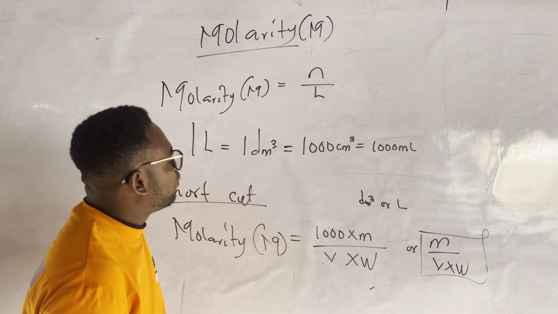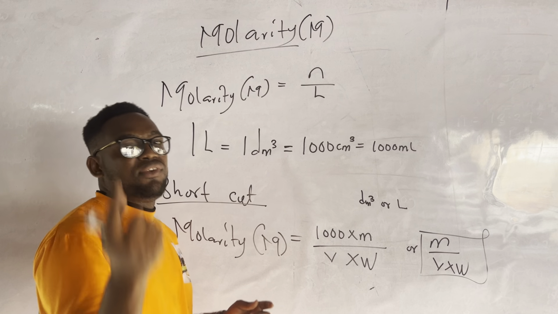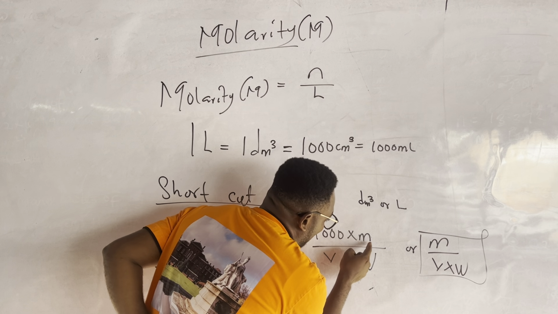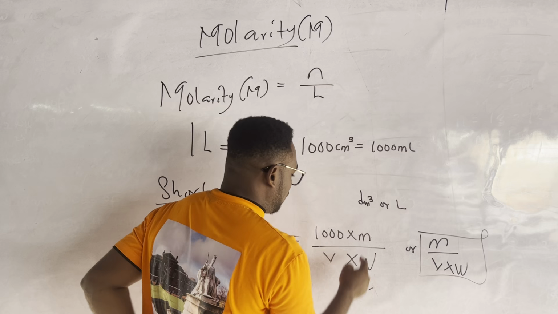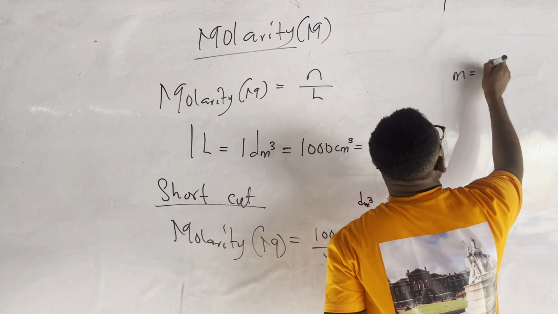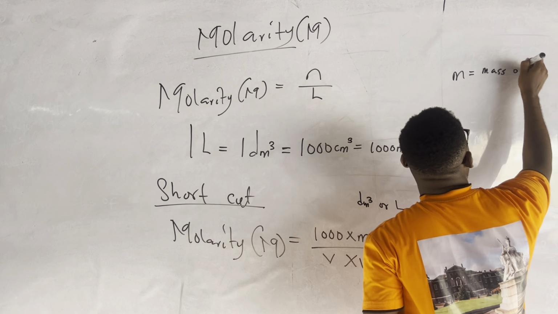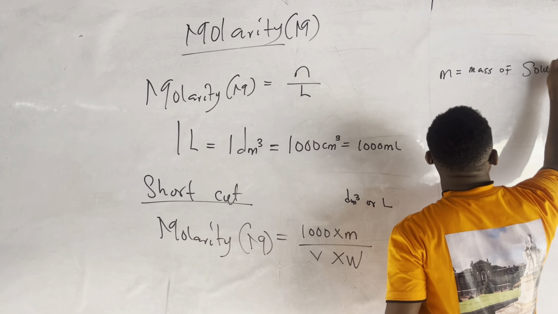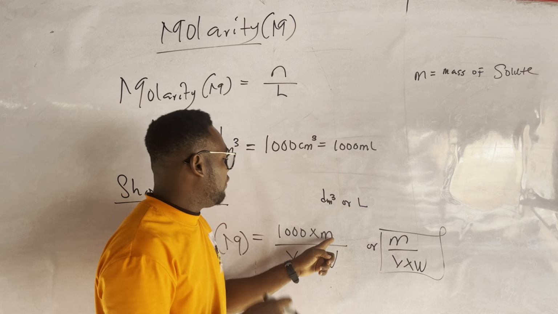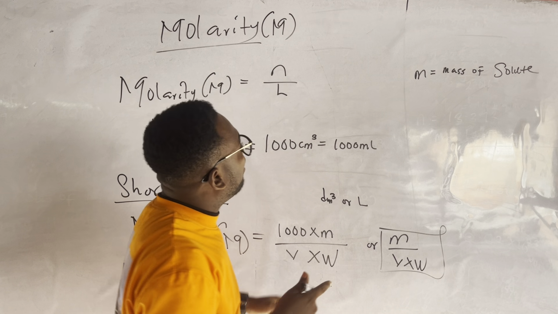In this video, I'm going to drop the formulas so that in the next video, I will solve questions on them. What about this m that we are seeing here? This small letter m on top stands for mass of solute, in grams. What about the V?